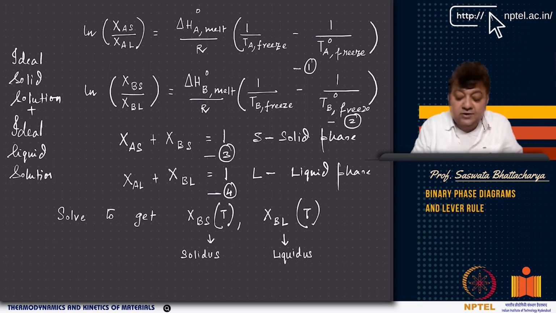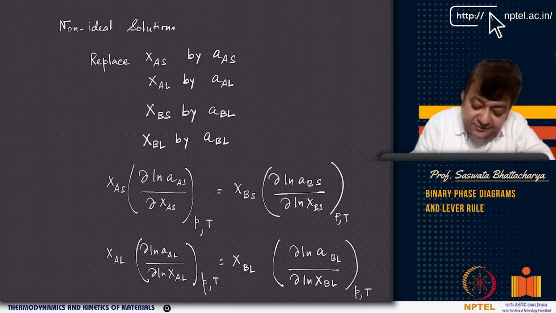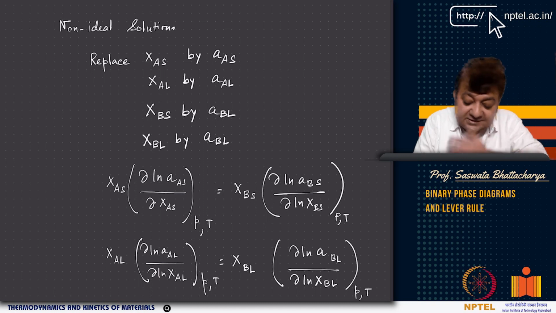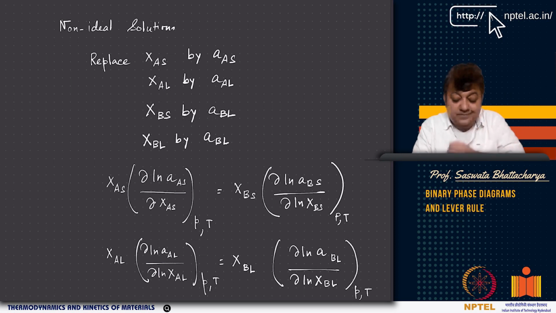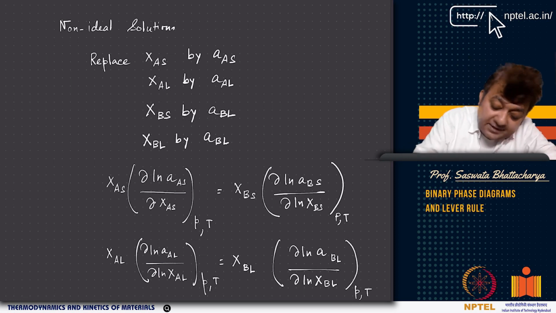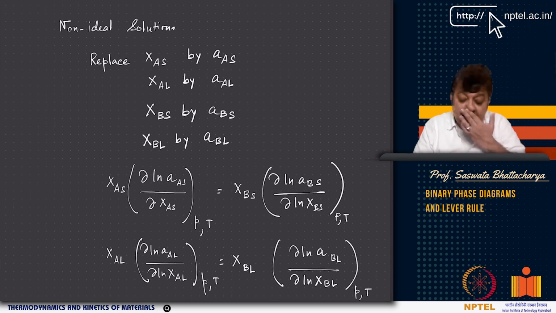But we can also do the non-ideal ones. If we look at non-ideal, then XAS is replaced by the activity of A in the solid, and XAL, the mole fraction of A in the liquid, is replaced by the activity of A in the liquid. Similarly, XBS is replaced by ABS, and XBL is replaced by ABL.